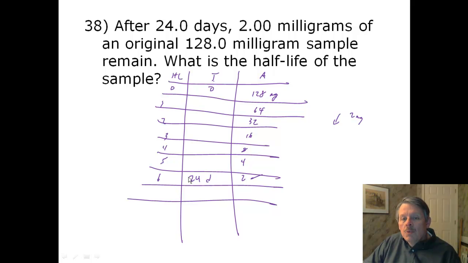Well, if it took 24 days and I divide by 6, 6 goes into 24, 4 times. So that means my time up here is 4, and this is days. So that is my half-life. My half-life is going to be 4 days. Let's make sure that works. That's 4, that's 8, that's 12, 16, 20, 24. Cool, that works.